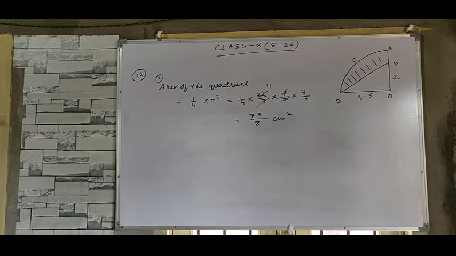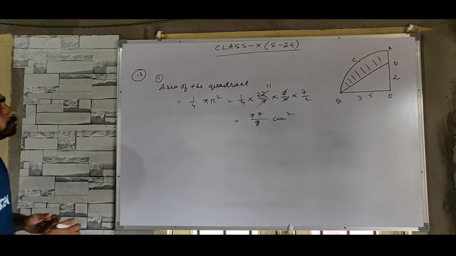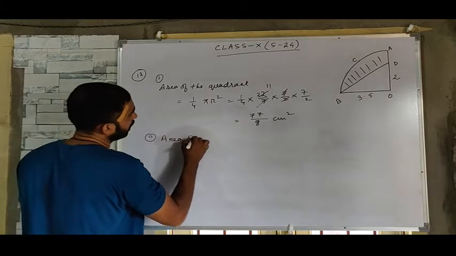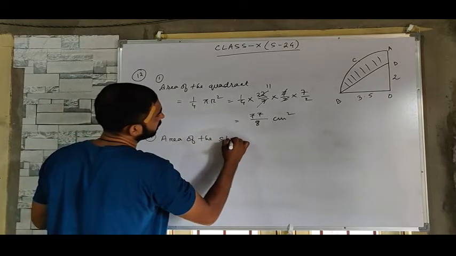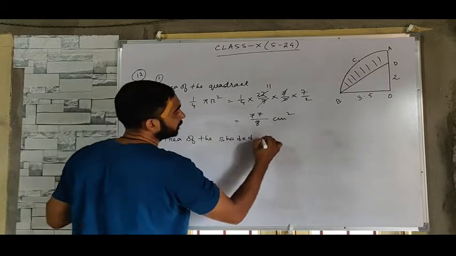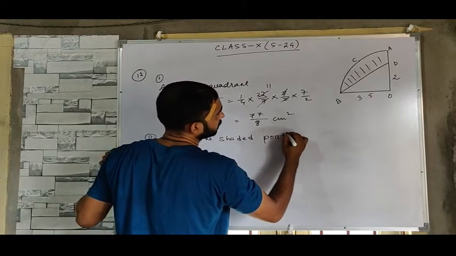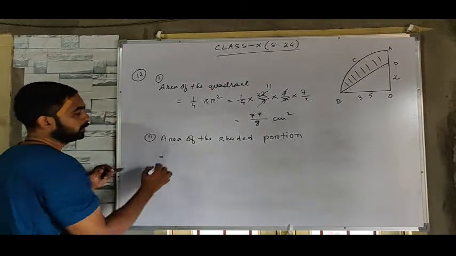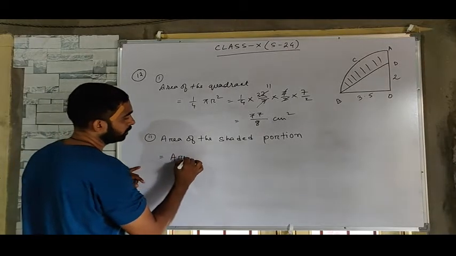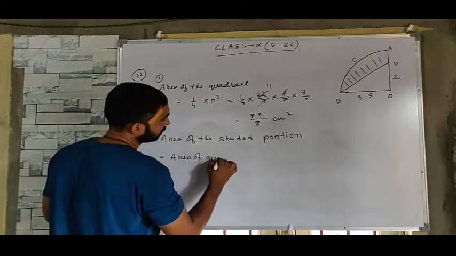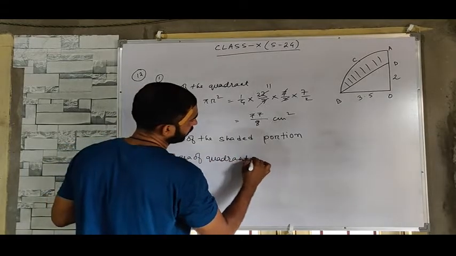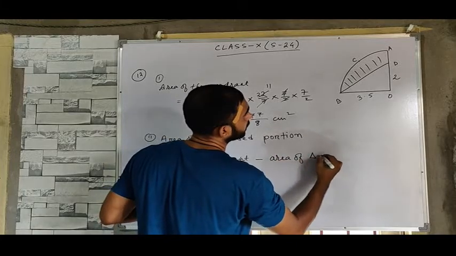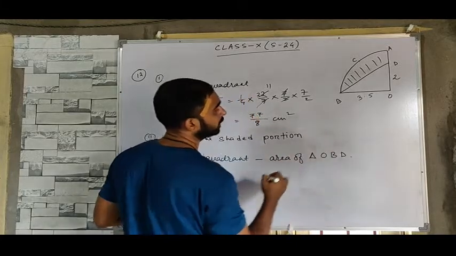Then area of the shaded portion. Number 2, area of the shaded portion equal area of quadrant minus area of triangle OBD.